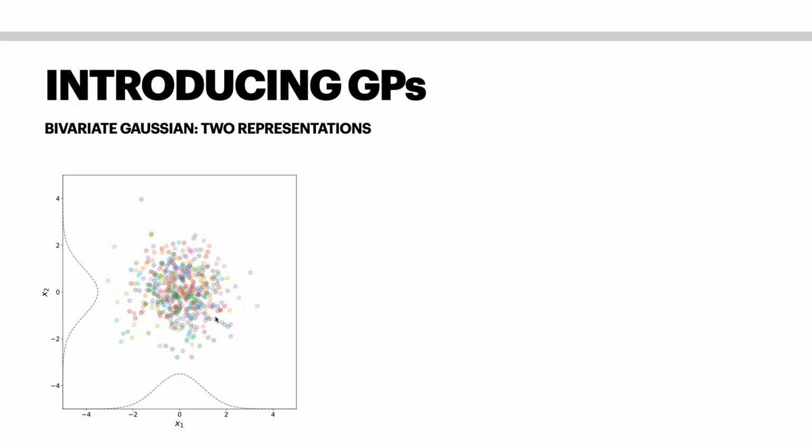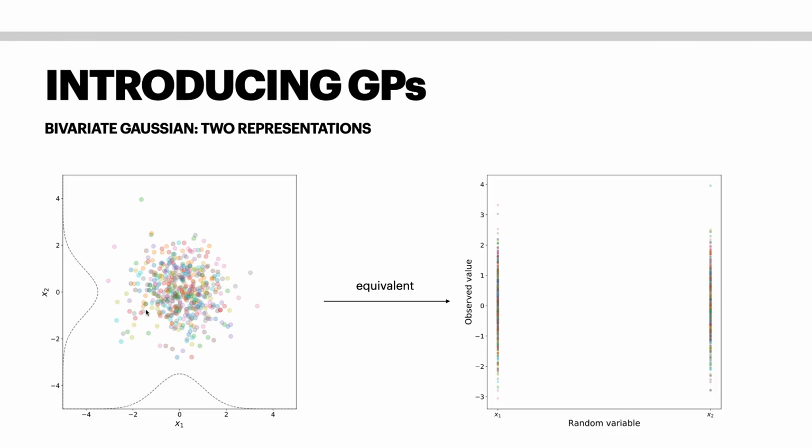And if I project this 2D distribution onto either axis to get marginal distributions, I get these dotted lines, which are just 1D Gaussians. Okay, so far nothing new. Now, let's represent the same distribution in a new way. We're going to plot all the x1 samples here and all the x2 samples here, with the value of each plotted on this vertical axis.